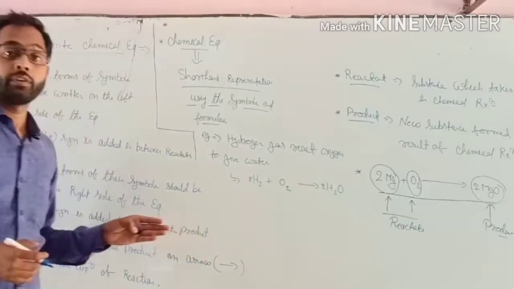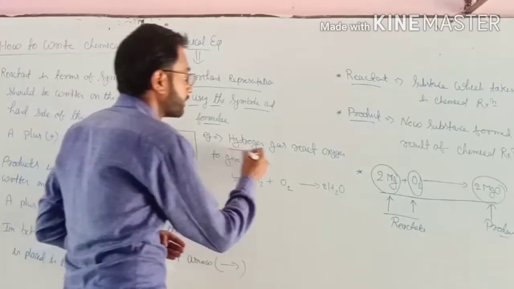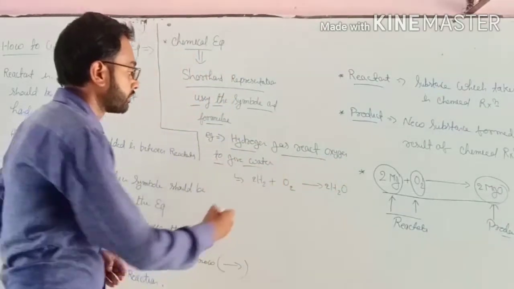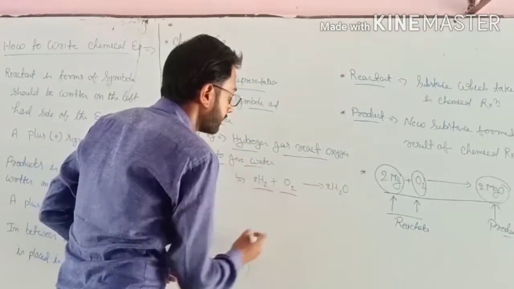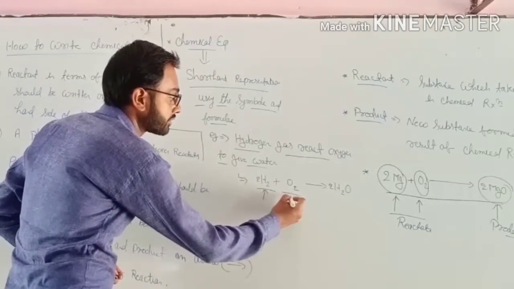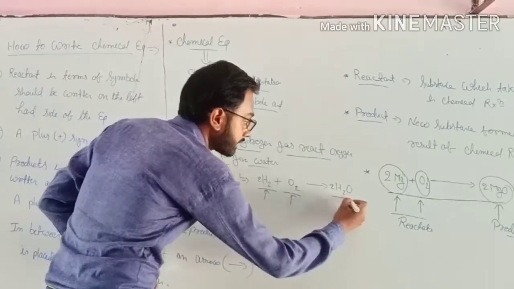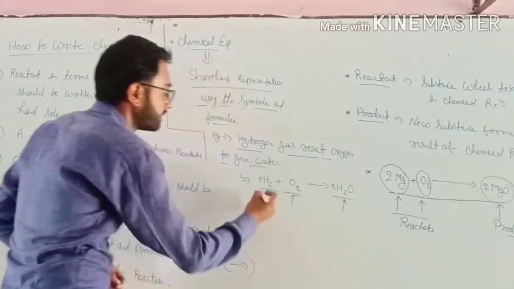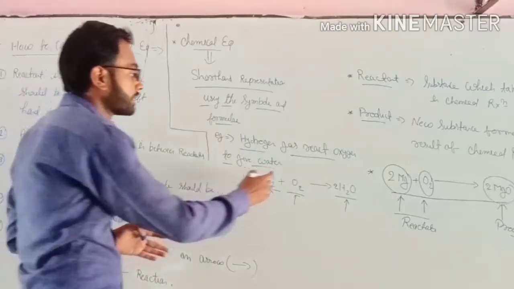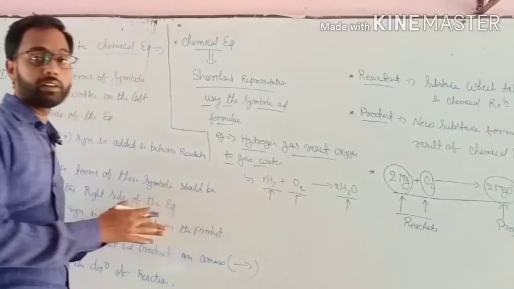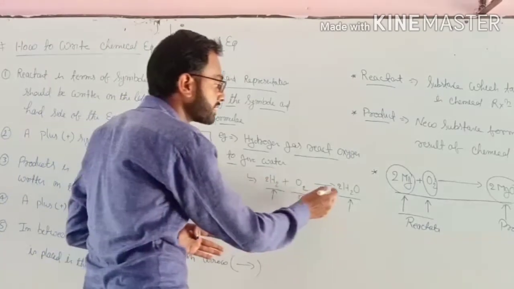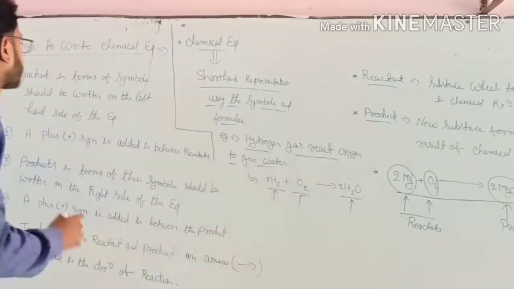Example, when we write that hydrogen gas reacts with oxygen to give water, here we are using the symbols of the elements hydrogen and oxygen, and the product is water. So this representation is known as a chemical equation, and it is the short-handed representation of a chemical reaction.